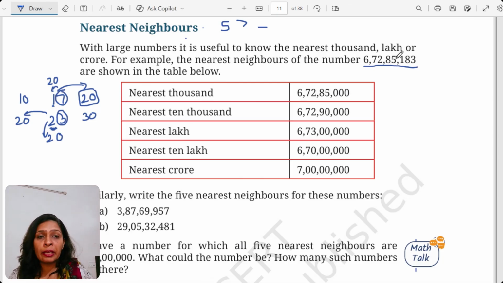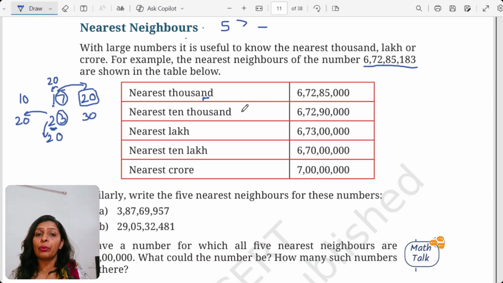If I want to name its places, they are ones, tens, hundreds, thousand, 10,000, lakh, 10 lakh, and crores. So this number is basically 6 crores 72 lakhs 85,183. Now, if I want to round it off to the nearest thousand, I have to focus only on the thousands place.